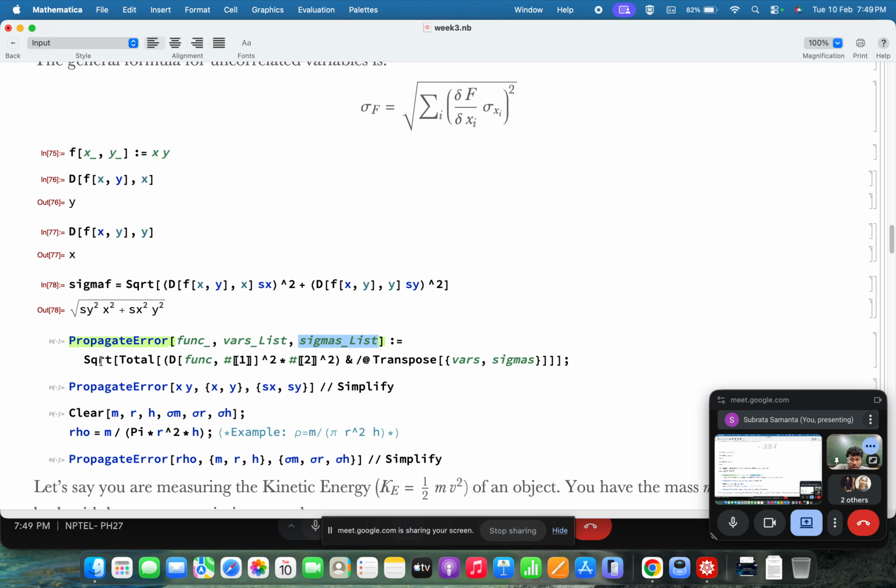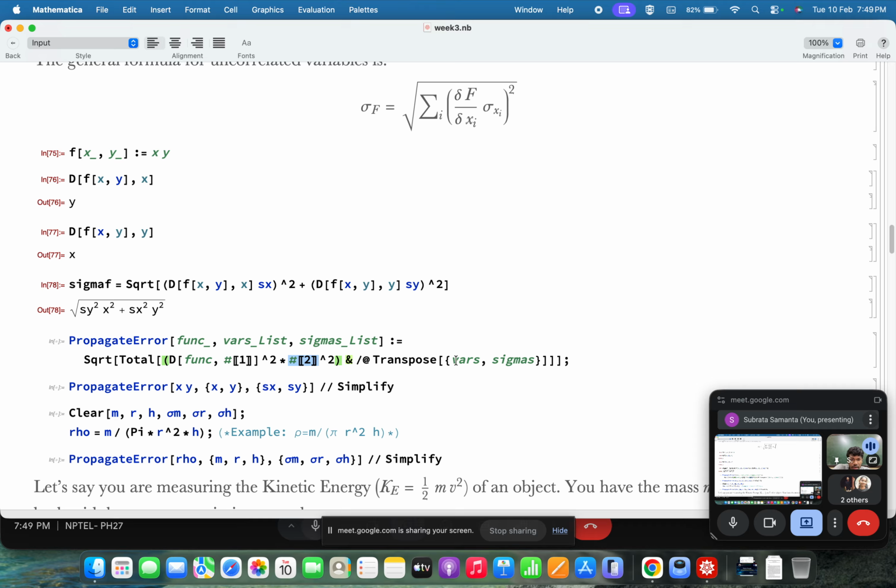This is basically the square root of the total, that means the sum over, and then the derivative. This is my function, whatever the function is, I put the function here, and this is the first argument of the variable list, and this is the second argument of the variable list.